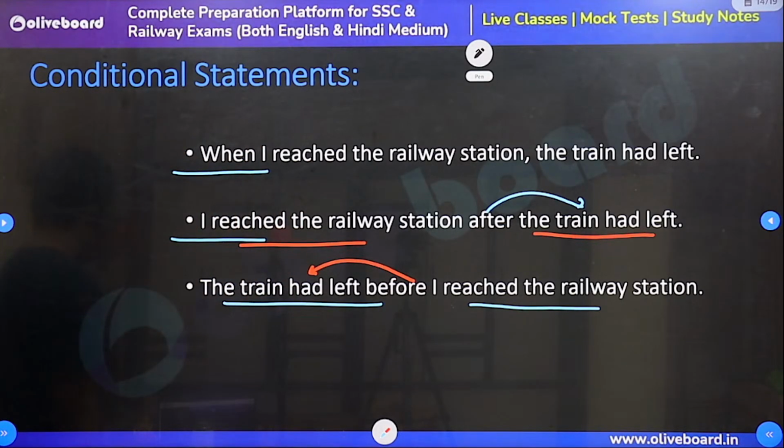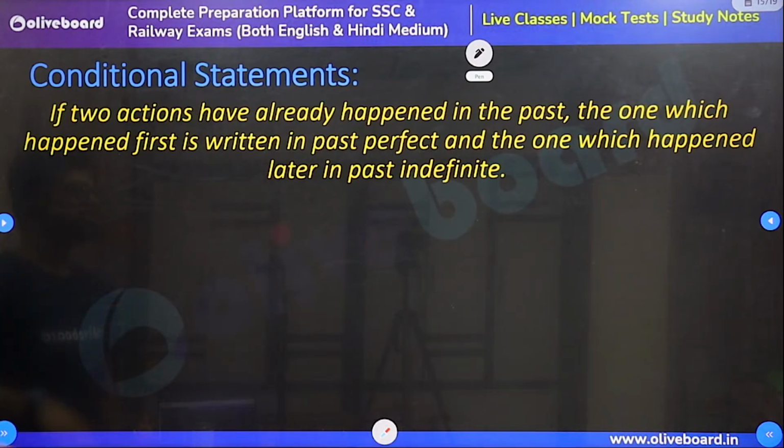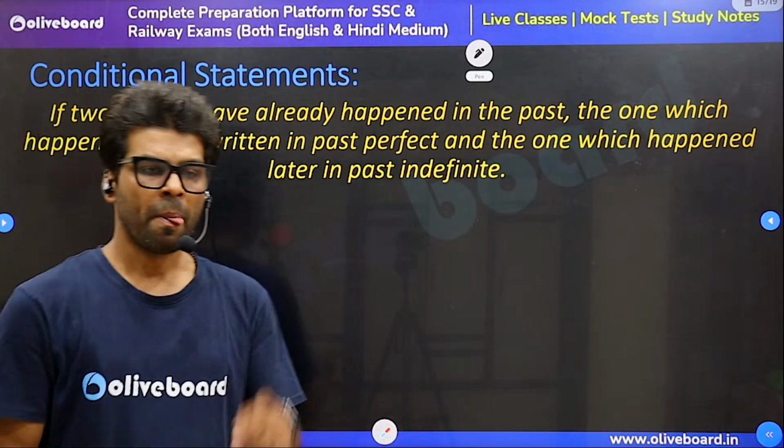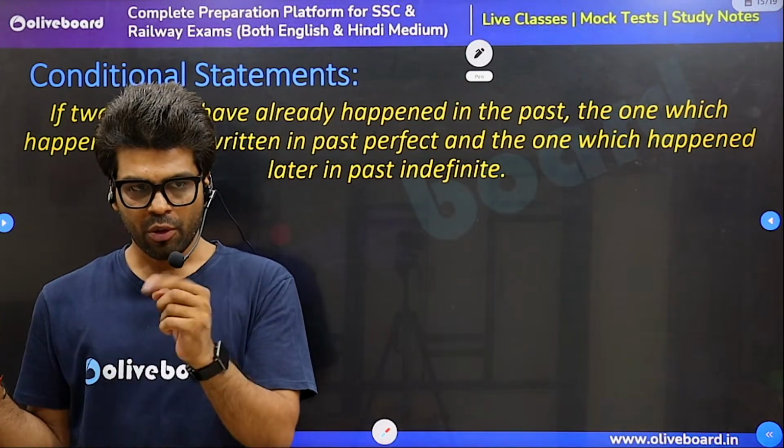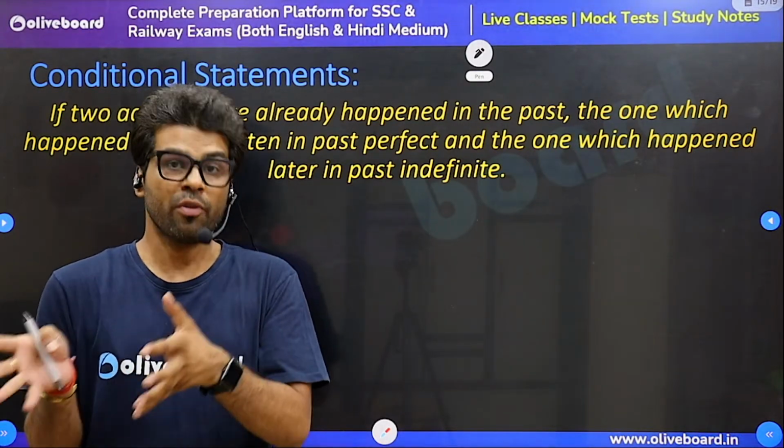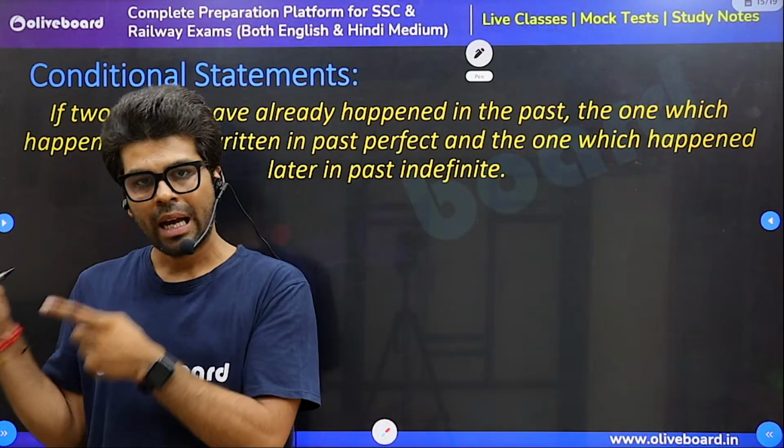Let's have some sentences for this also. If two actions have already happened in the past, then the one which happens first is marked in past perfect tense. The one which happens later is marked in past indefinite. I had already taken lunch before you brought me food.